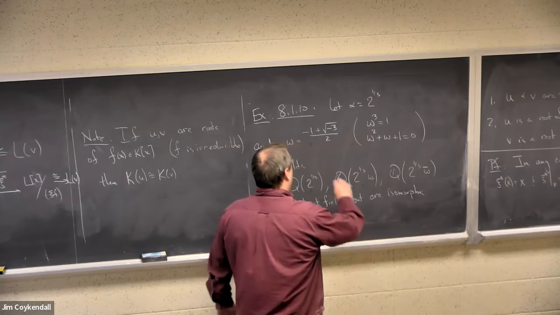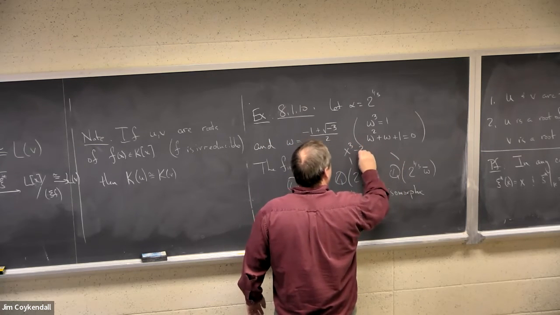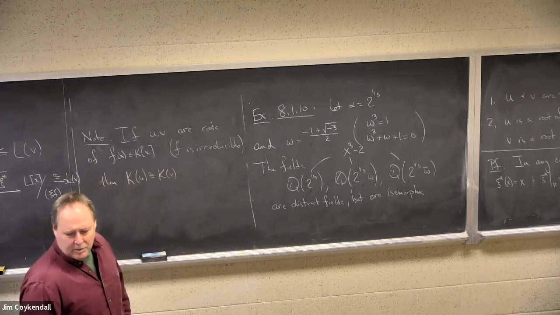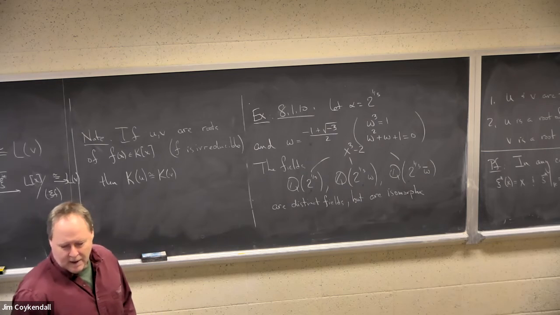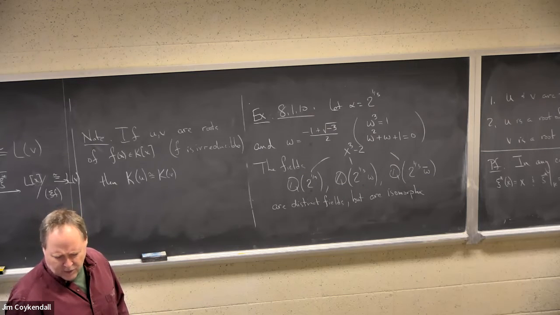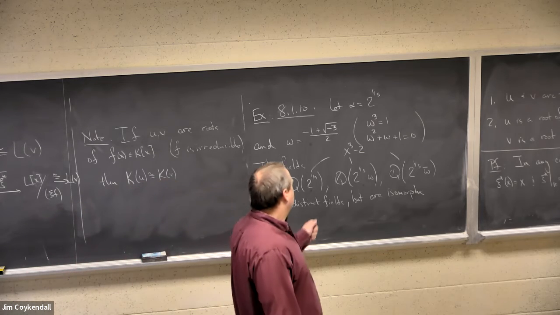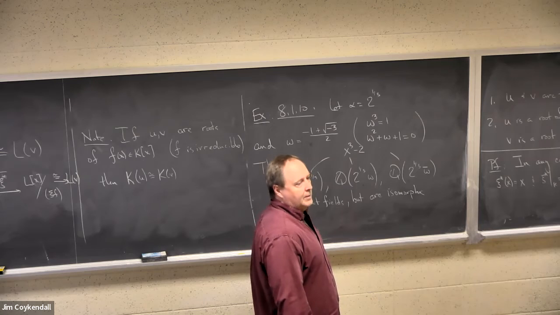Because these are the 3 roots of that polynomial, 3 roots of x cubed minus 2, which is an irreducible polynomial over Q. So there are your 3 roots. So those things make 3 distinct but isomorphic fields. It's also interesting to note that the intersection of these 3 fields is the rational numbers, right?